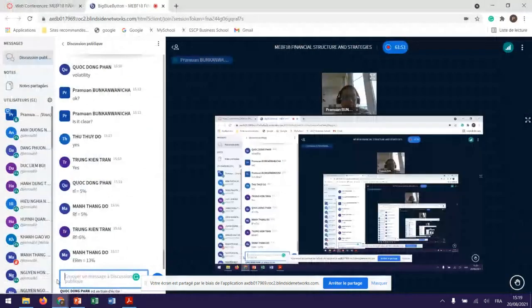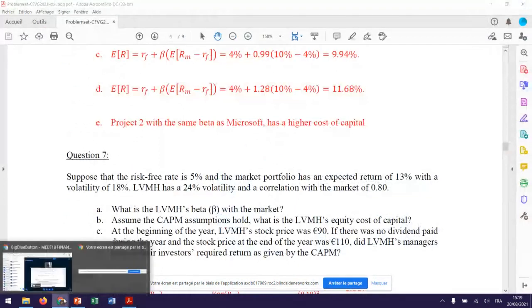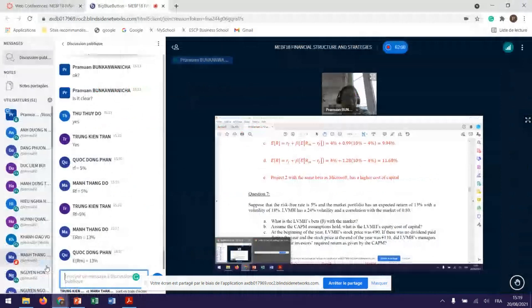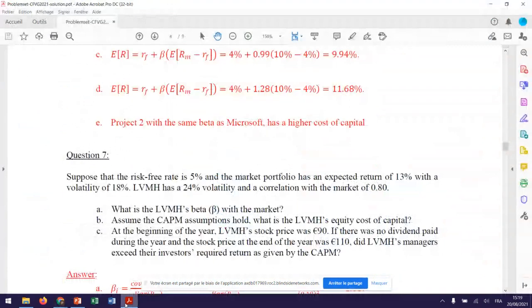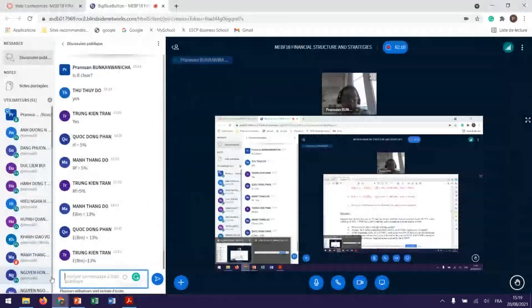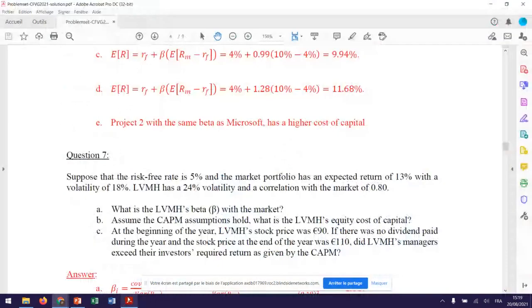ERM is 13%. Excellent. With a volatility of 18%. SDRM is 18%. Perfect.